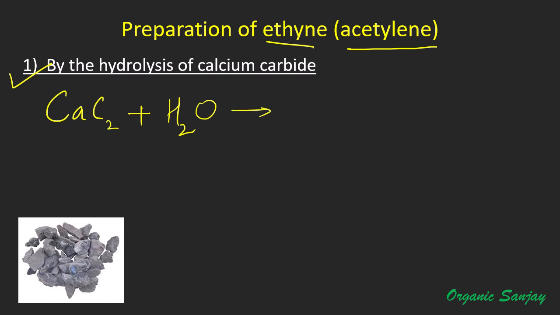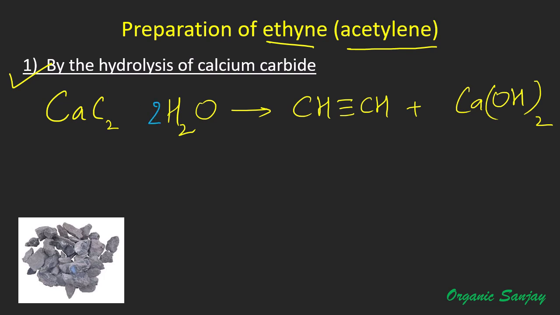They will react and produce ethyne, CH triple bond CH, and as a byproduct, calcium hydroxide will be formed. Now for balancing the chemical equation, we can put here 2 and the reaction is balanced. In this way, ethyne gas can be produced by using calcium carbide.